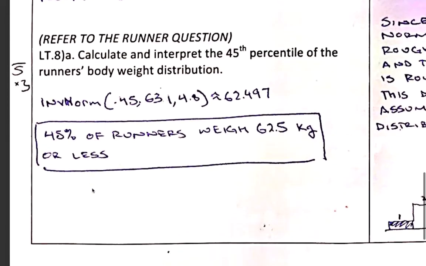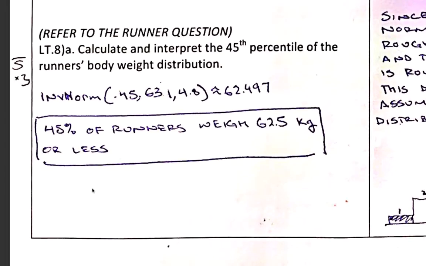All right, for learning target 8, this time you're given the percentile or the proportion, and you're trying to find the actual number. And again, the thing that we're going to use is inverse norm, which you'll find second vars and then number 3 down as inverse norm. And the 3 pieces of information that you're putting in: the percentile here, 0.45 in this case if we want the 45th percentile.